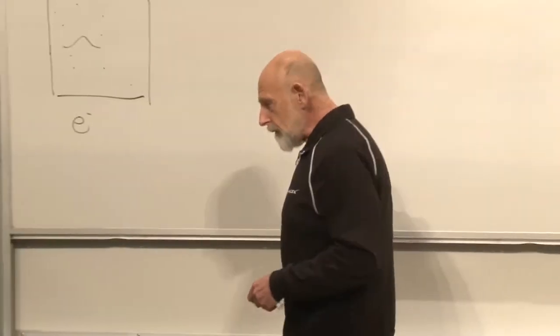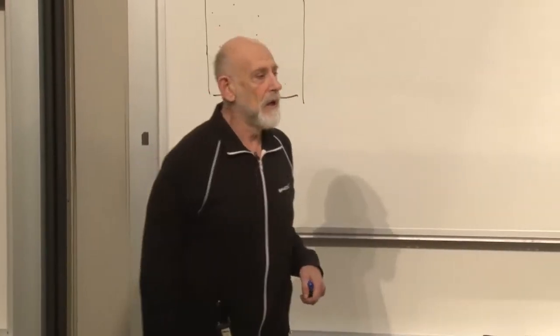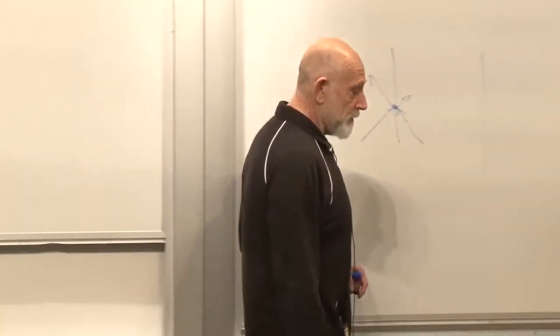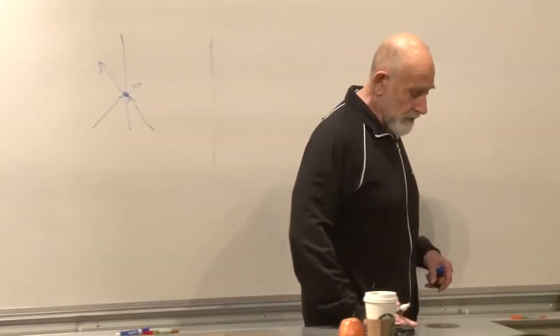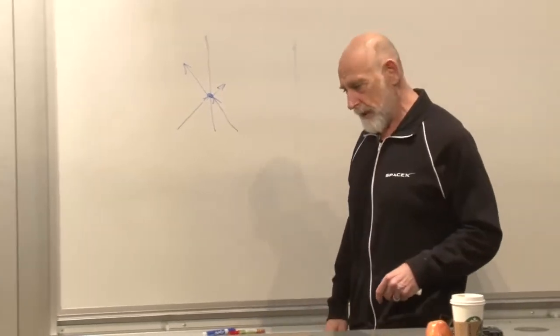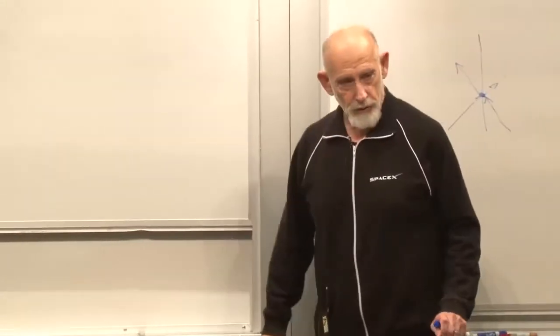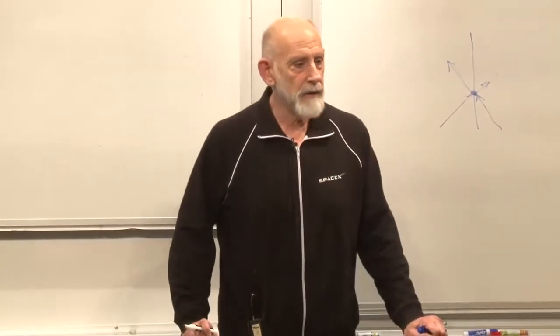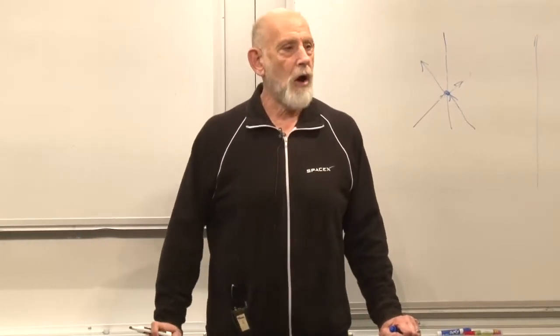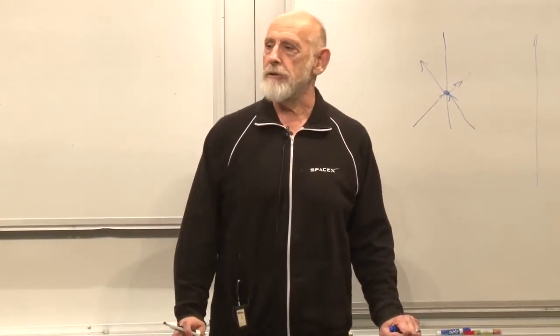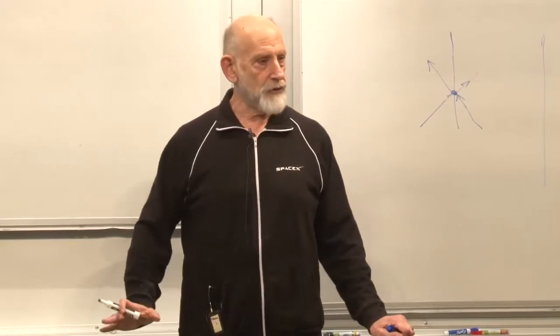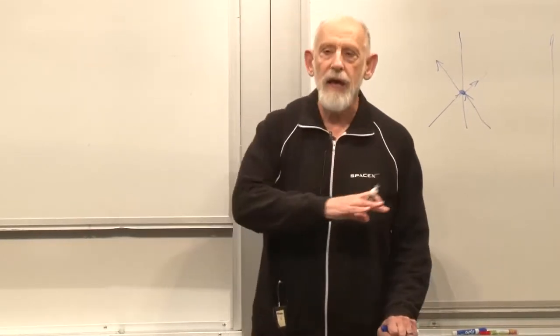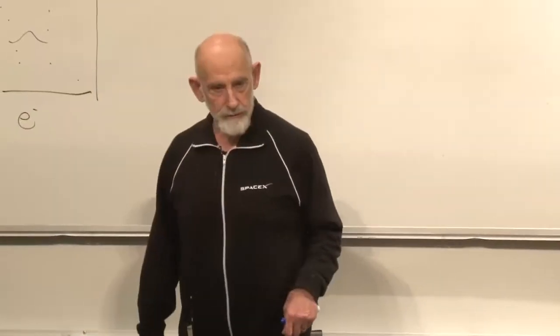Now, the universe appears, and there's good reason for this, but we're not going to get to it tonight, the universe appears to be electrically neutral. There are not large lumps of positive charge and large lumps of negative charge in the universe, and certainly on the average, the universe appears to be electrically neutral.